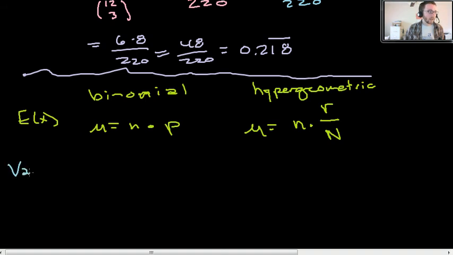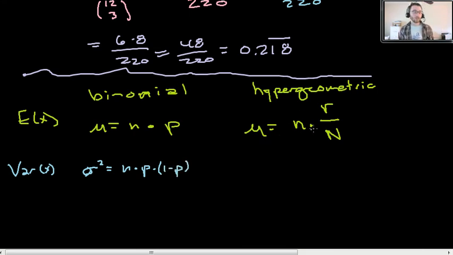Similarly, the variance of x for binomial, sigma squared, was n times p times 1 minus p. I'm showing you this because it looks very different with hypergeometric. If you just saw it, you wouldn't necessarily make the connection, but I want to show it to you. So it's going to be very similar. It's not quite exactly the same now.